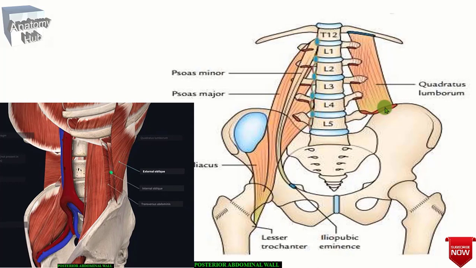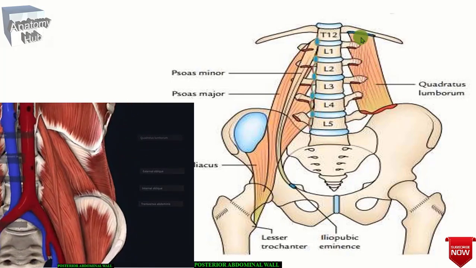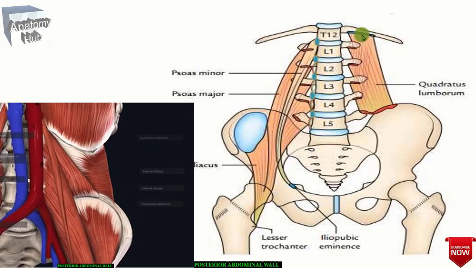The lower 2 to 4 transverse process of the lumbar vertebra. Its insertion: it is actually a quadrangular shaped muscle, and it goes upward and gets its insertion at the medial part of the anterior surface of the 12th rib and the upper lumbar transverse process.